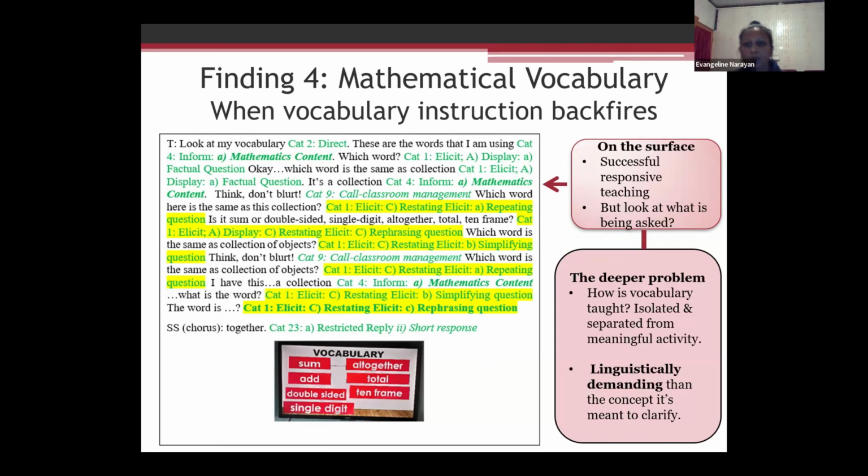So a deeper problem that is being highlighted here is how vocabulary is taught in mathematics lessons. If vocabulary is taught in an isolated way or separated from meaningful activity, it becomes linguistically demanding for ESL learners. And instead of using this activity to clarify the concept, it actually makes things very difficult for ESL learners and thus defeats the purpose of the task.